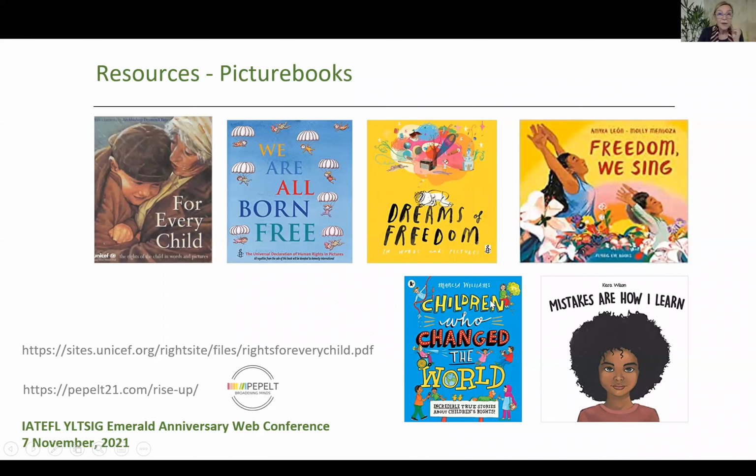So this takes 14 of the rights or the articles from the United Nations Convention on the Rights of the Child, and they are written in simplified English.